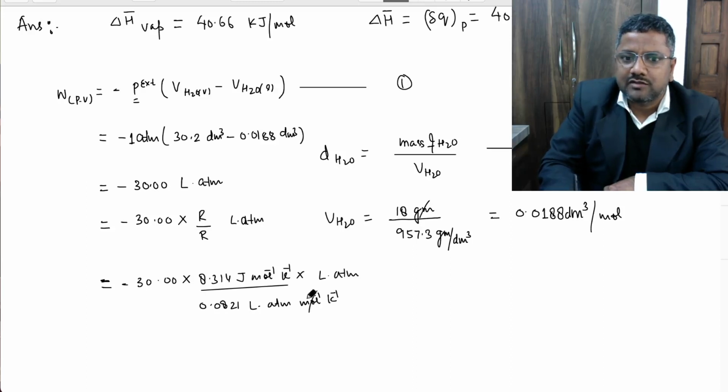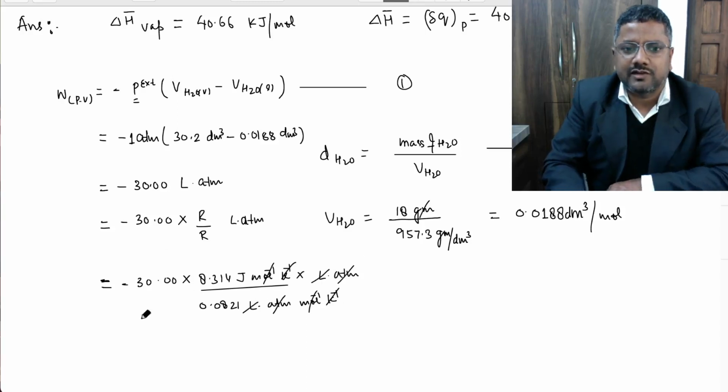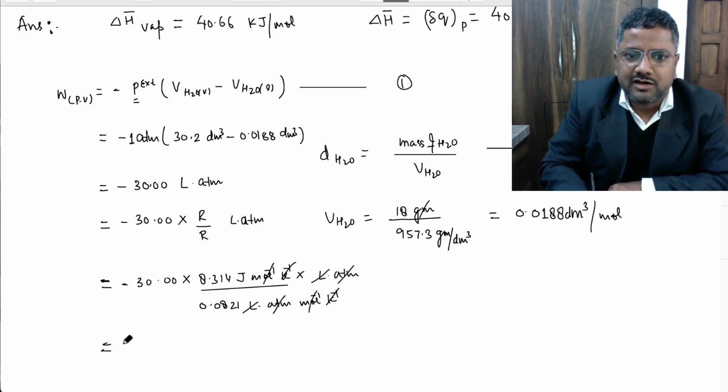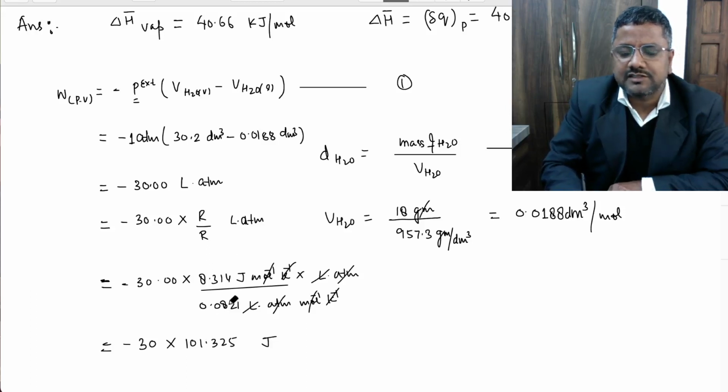So see, per mole per degree Kelvin, atm and liter cancel, so we will get joules. So minus 30 multiplied by 101.325 joules.